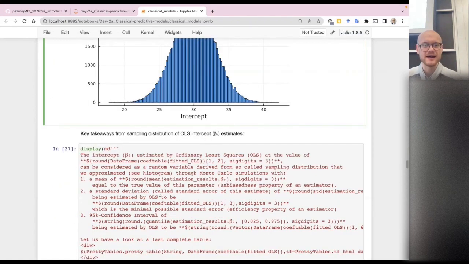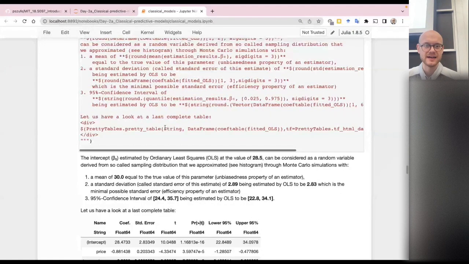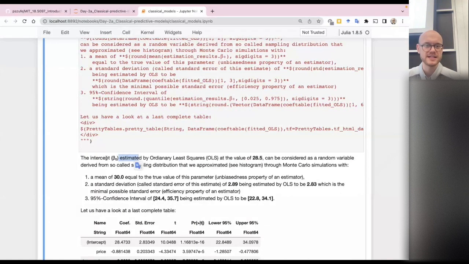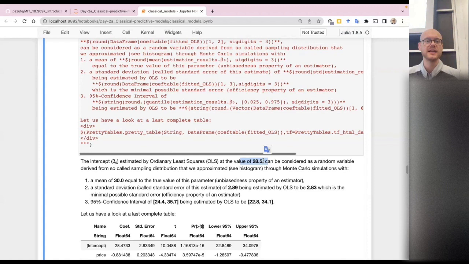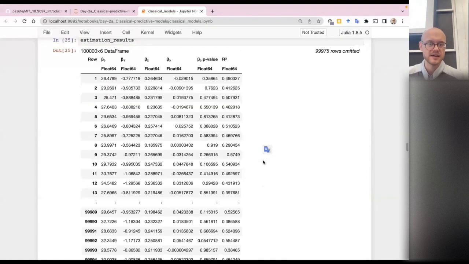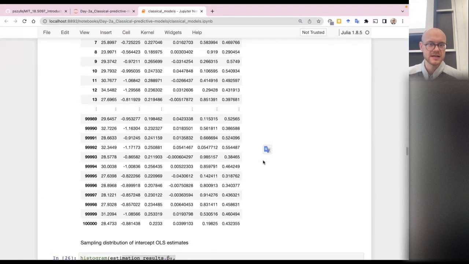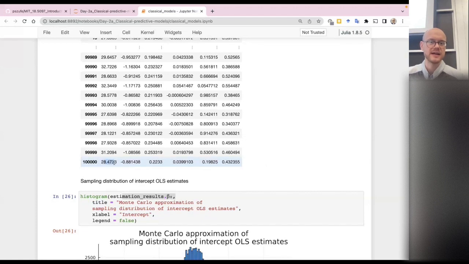And what is the takeaway of this? You can think of this intercept estimated by least squares at the value of 28.5. This is a single estimation, to be precise the last one.